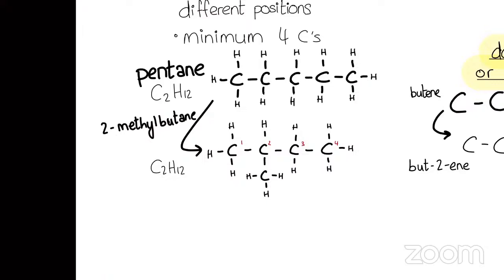They sound too different. They have 2 different structures. However, these are actually isomers because they contain the same amount of carbon, same amount of hydrogens, and they have the same molecular formula. If you had to count the amount of carbons and the amount of hydrogens in each of these organic compounds, you would have the same. So when we look at pentane and 2-methyl-butane, we say that those are chain isomers.